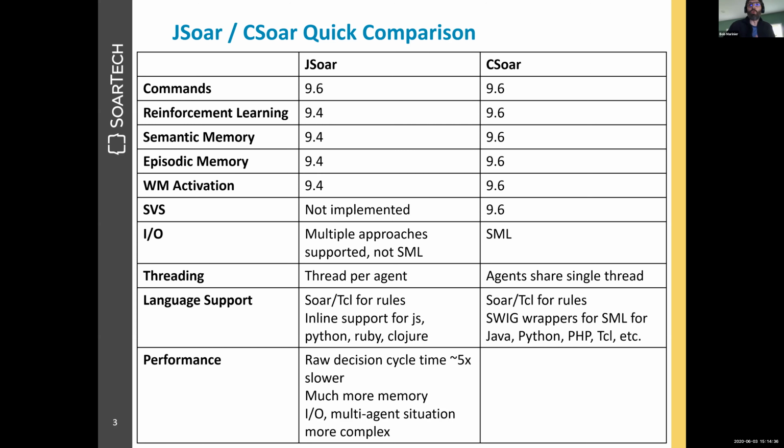So the way that I/O works in CSoar is you do it through SML. The way it works in JSoar is there are several different approaches supported depending on your specific needs, but none of them are SML.